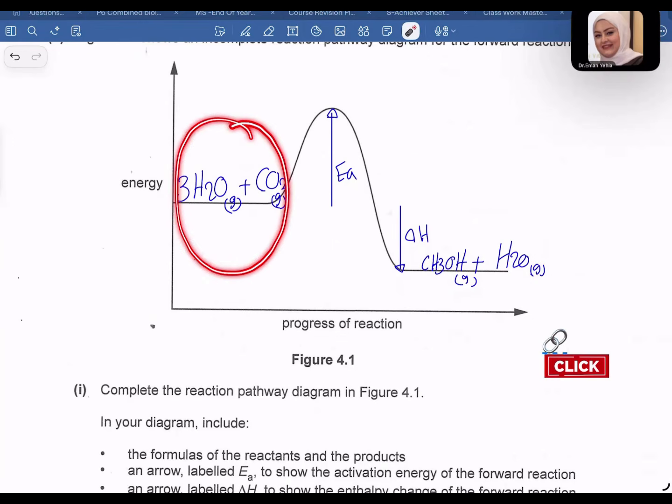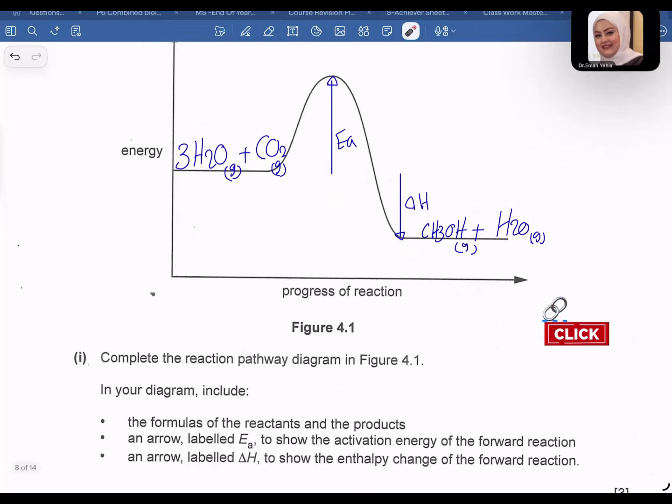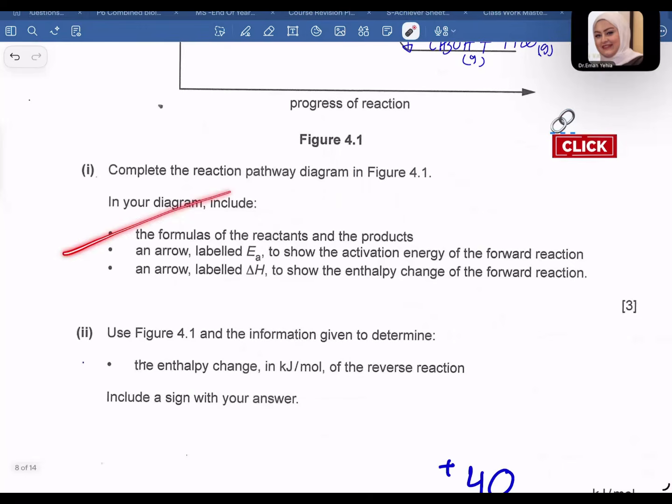Reactant always here, product always here. The activation energy is the distance from the reactant to the top, and delta H is always the distance from reactant to product. The formulas of the reactant we already did. We draw an arrow for activation energy and an arrow for delta H.